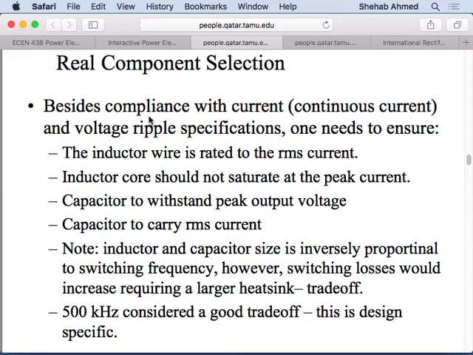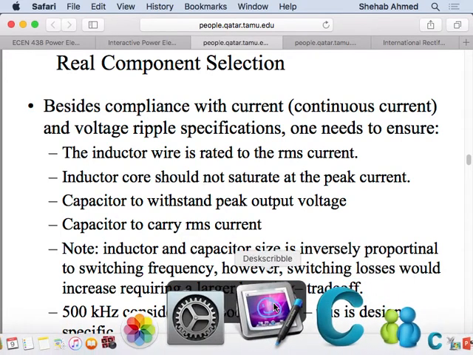Why is peak current important? If you remember a BH curve for magnetic materials, the H, which was the magnetic field intensity, was proportional to Ni, the number of turns times the current that's flowing through these turns.